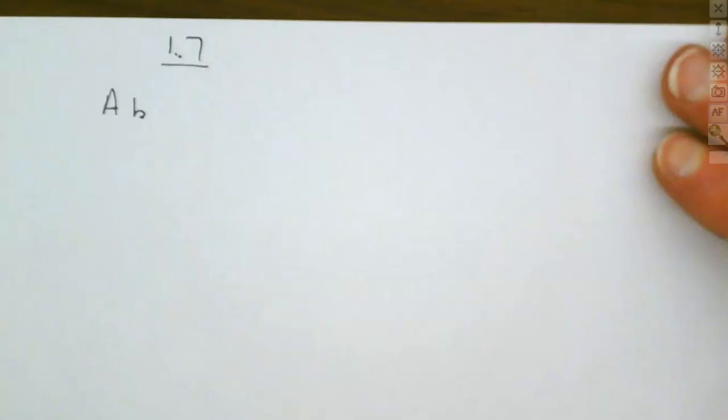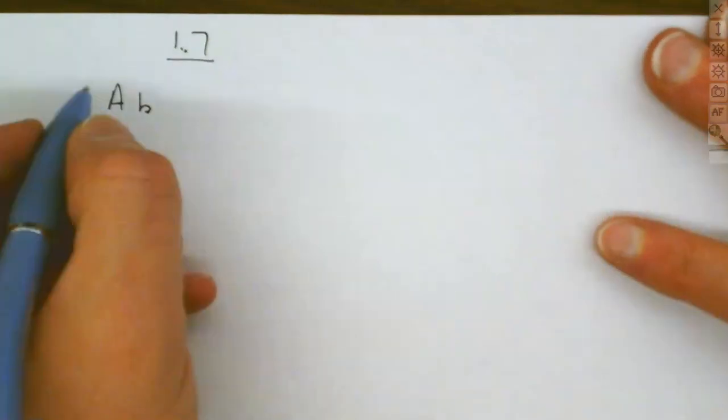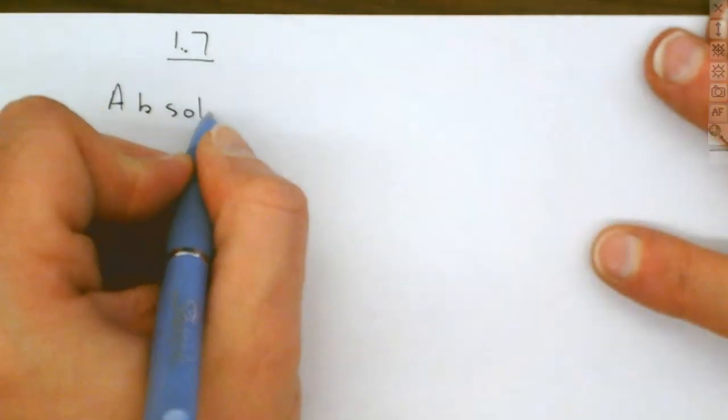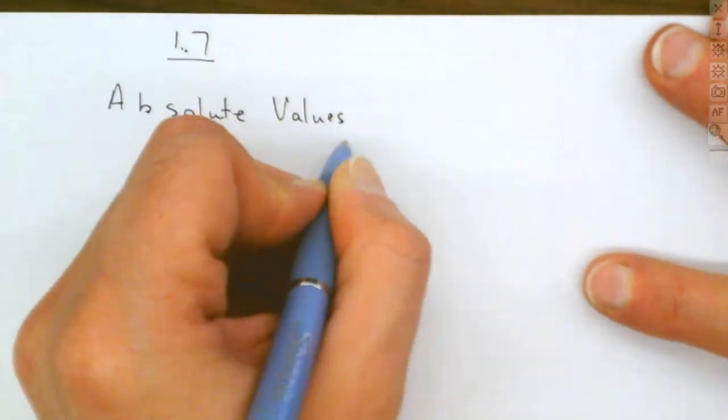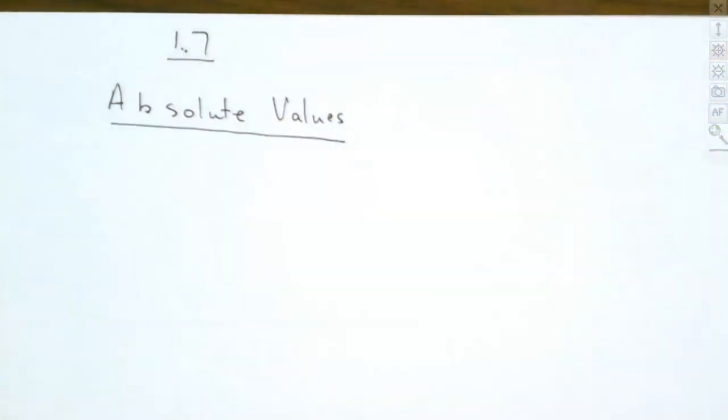1.7, we're going to be talking about absolute values. And you probably talked about absolute values before. And what do we know about absolute values? Let's just review absolute values again, just so we remember.